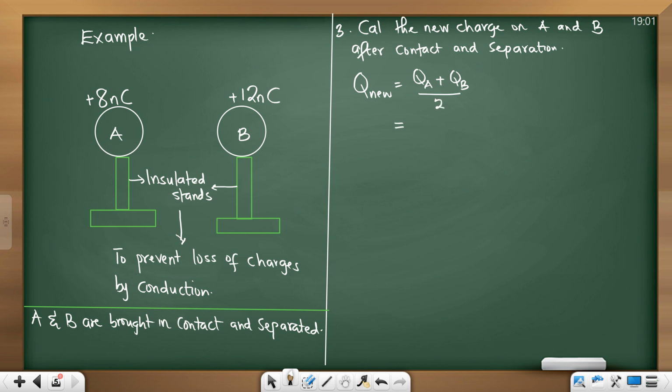The signs are very important, my good learners. It is positive 8 times 10 nano plus positive 12. Remember what I said? If there were 3 of them at the same time, only at the same time, then we have to add all the 3 together. 8 plus 12 is 20. 20 divided by 2 gives 10. So each of them would have positive 10 times 10 to the power negative 9 coulombs.